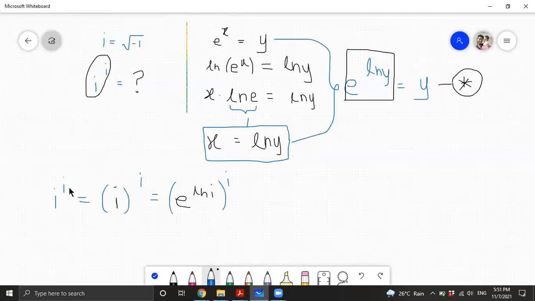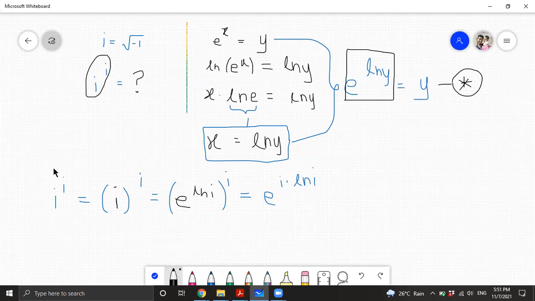So we have changed this i to the power i in terms of exponential and log of e as this equation. From this we can move on. Now we are going to multiply this i into this ln of i. So that is e to the power i ln i.